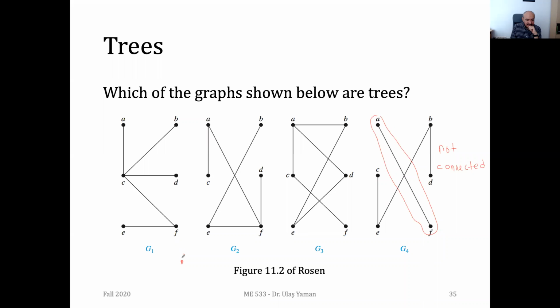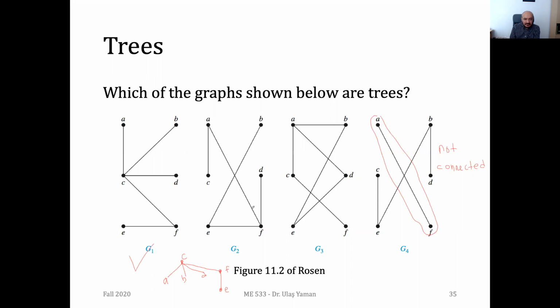If this is C, I have A here, let's say B, D, and say I have F here, and after F, I should have E. So this is E, this is F, and this was A, B, and D. So I can say that this is a tree, right?